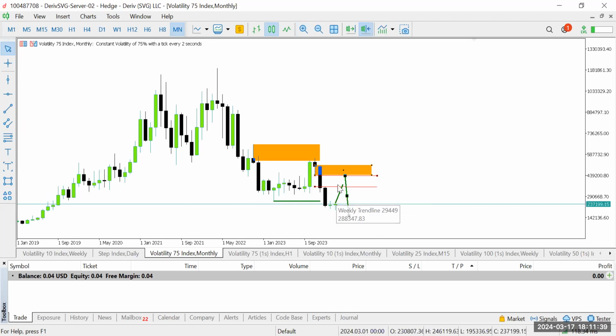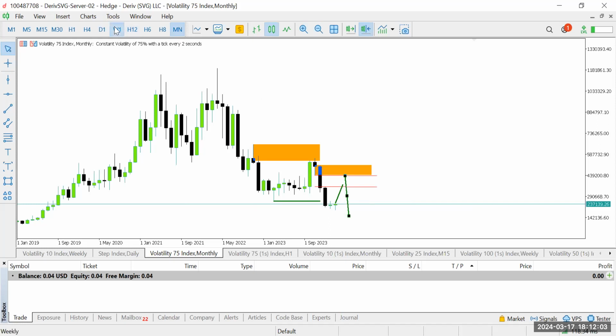So I would like to see that strong bullish move to the upside to confirm that for us. And then I would like to see price retrace into this imbalance or fair value gap, or sell side imbalance, buy side inefficiency, if you are an ICT trader, for us to see that expansion lower.